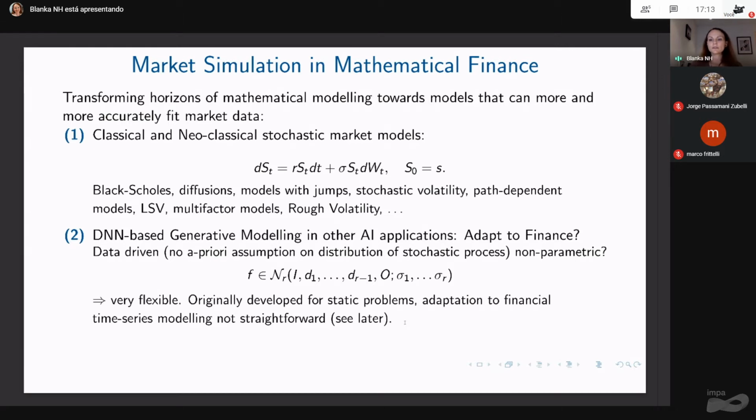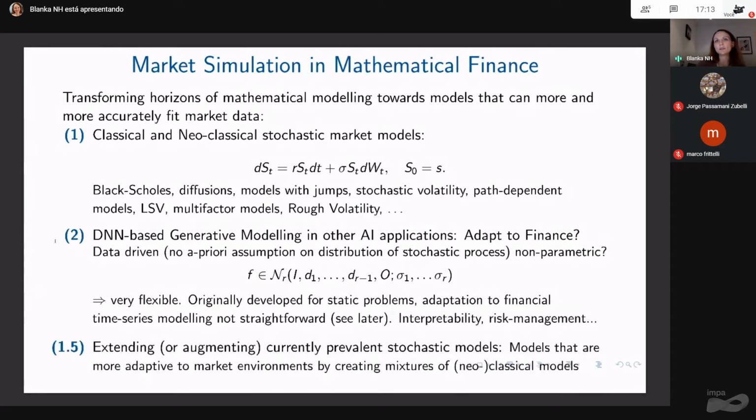These are the two approaches that we would like to take a look at. And let me just make a very quick detour over here. There could be something in between the two, because neoclassical models have their advantages and we have understood them very well. So there is a certain appeal to extend or augment existing models in different ways in order to gain more flexibility, without the drawbacks of a full-blown generative modeling technique involved.